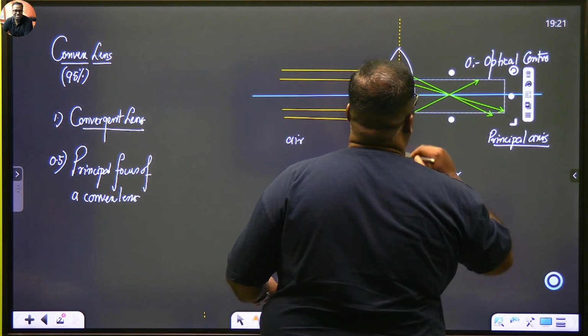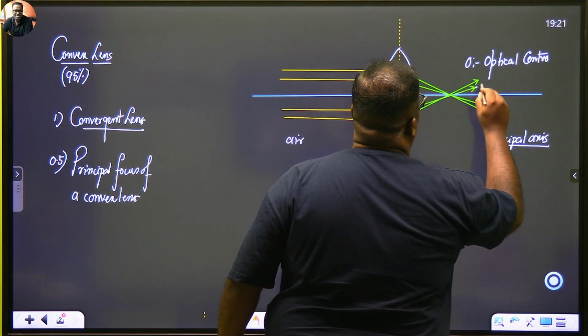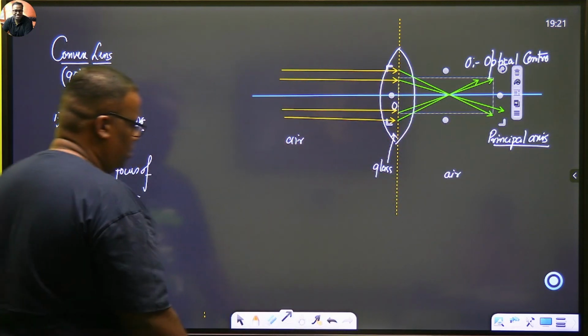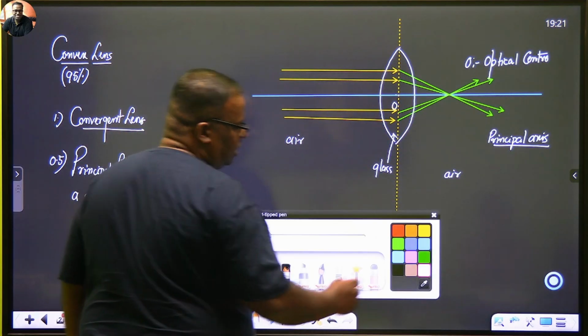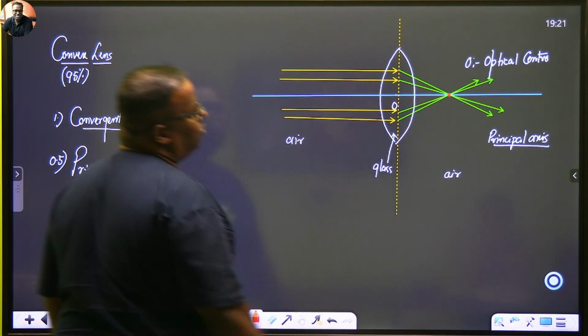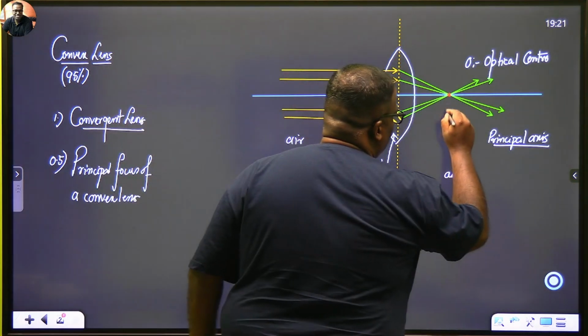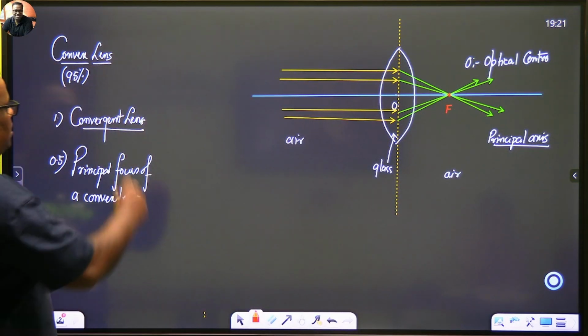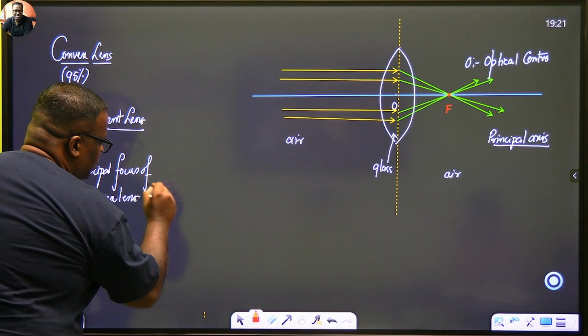These are the refracted rays. They all converge at one point, and this point where they converge is known as my principal focus, denoted by F.